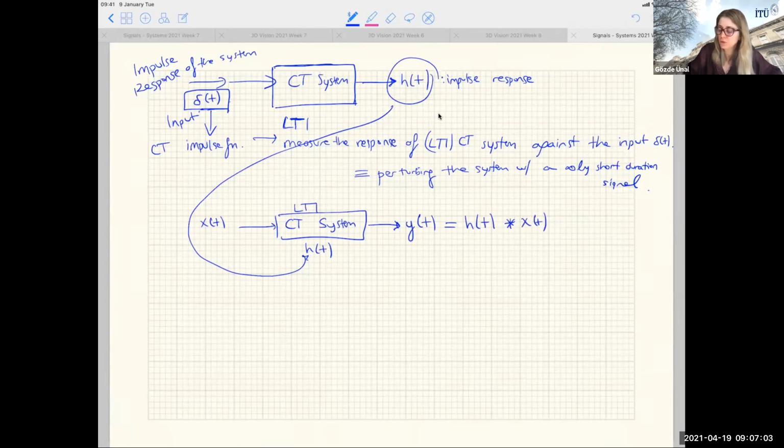This time this will be continuous time convolution. But let's first define this delta of t. Remember, in discrete time, delta of n was really very easy to define. It is equal to, this was 0, of course.